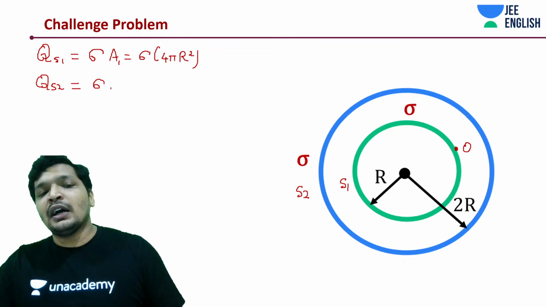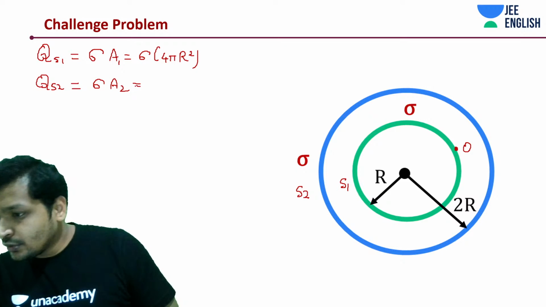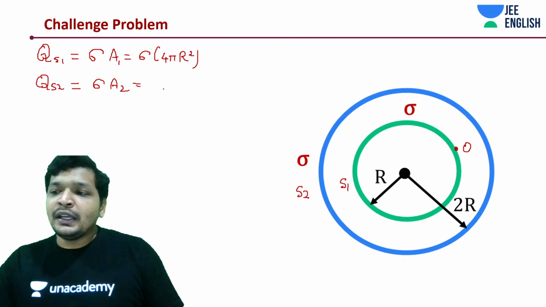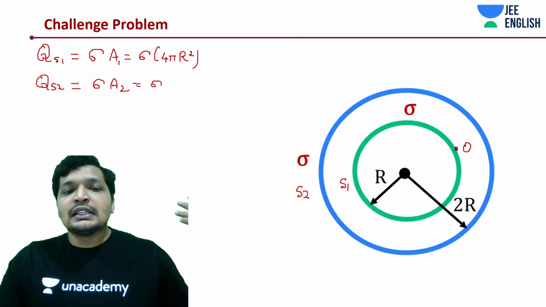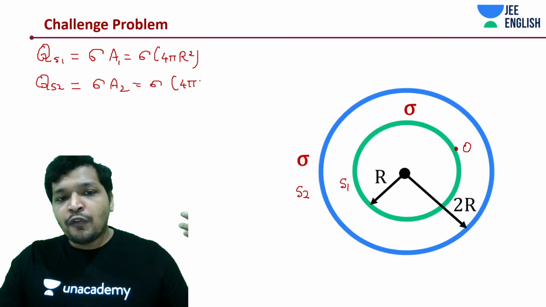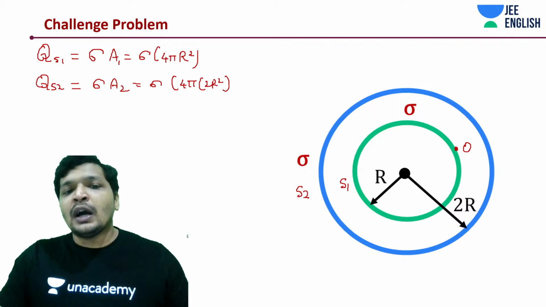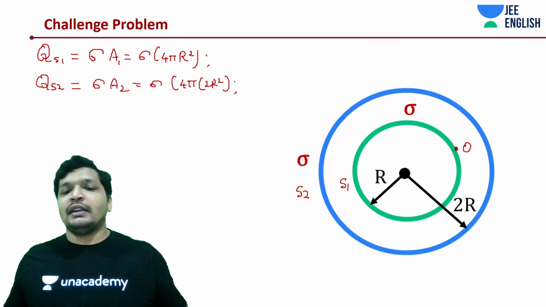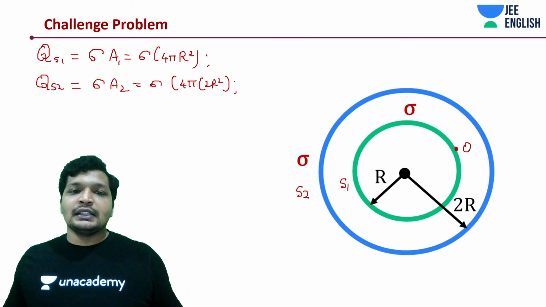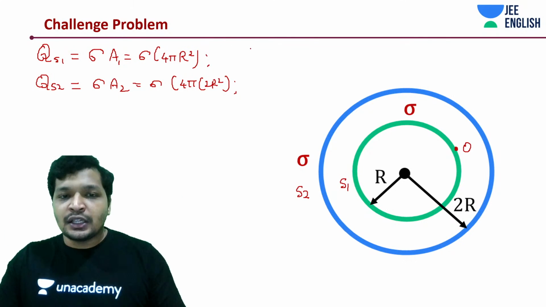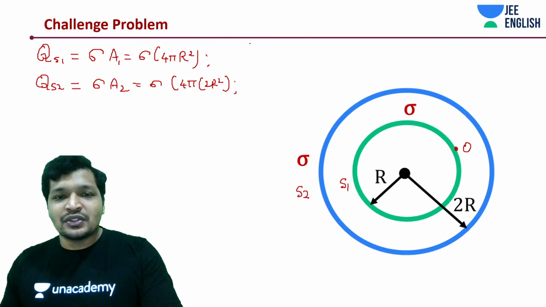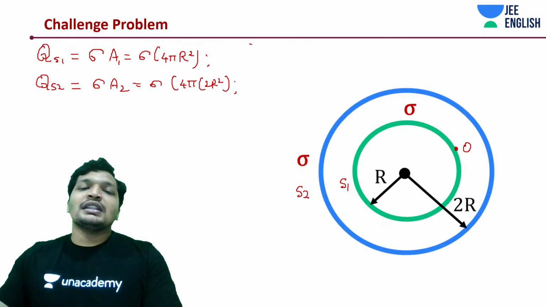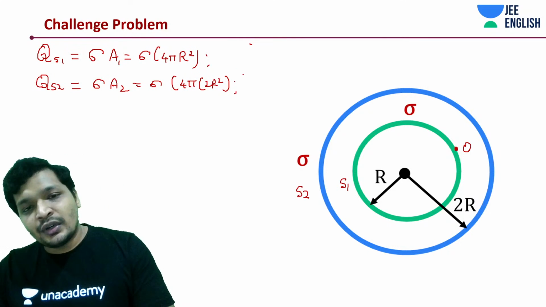It is going to be sigma into A2, which should be sigma into 4 pi into (2r) square. This is very important, this is where the entire game lies. These two things are something that you need to know. The rest is just S1, S2, VS1, VS2. Same thing, nothing changes. This is just to observe something new around it.